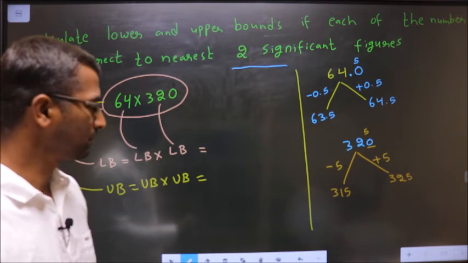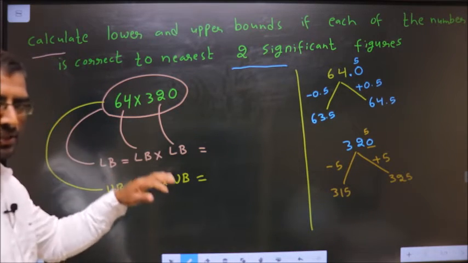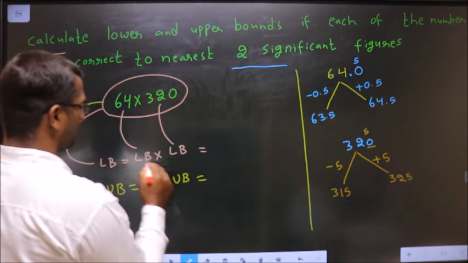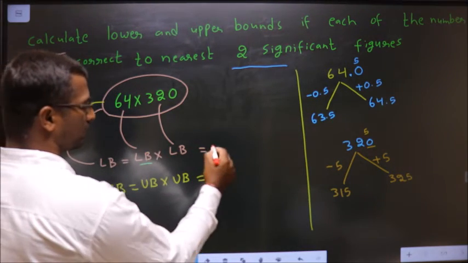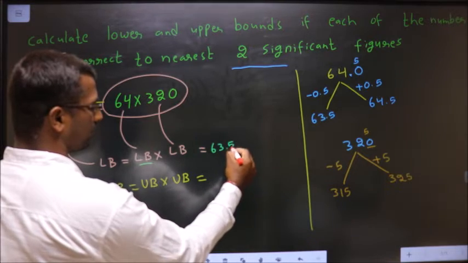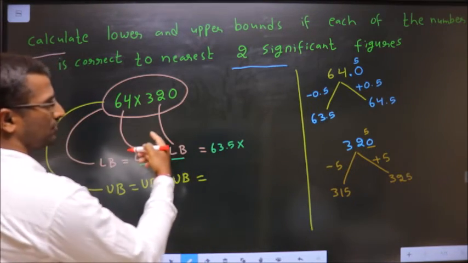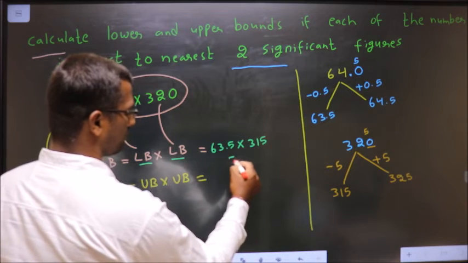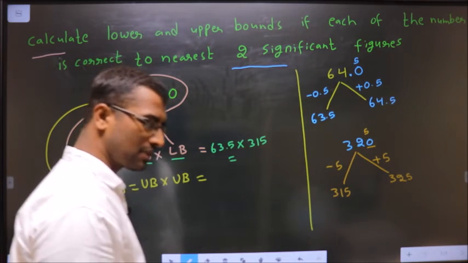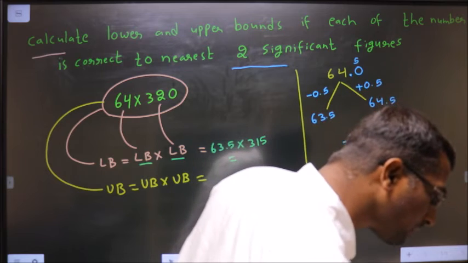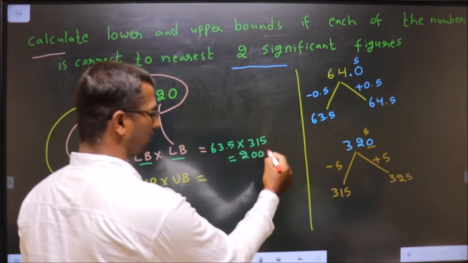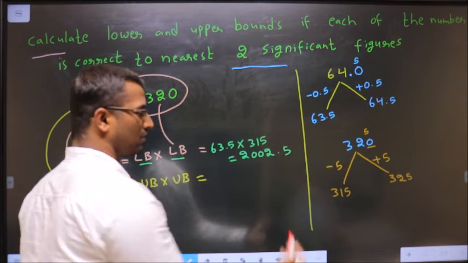Okay. Now let us replace the numbers here. So the lower bound of 64 is 63.5 into the lower bound of 320, which is 315. So multiply these two, you get the answer to be 2002.5. Okay.